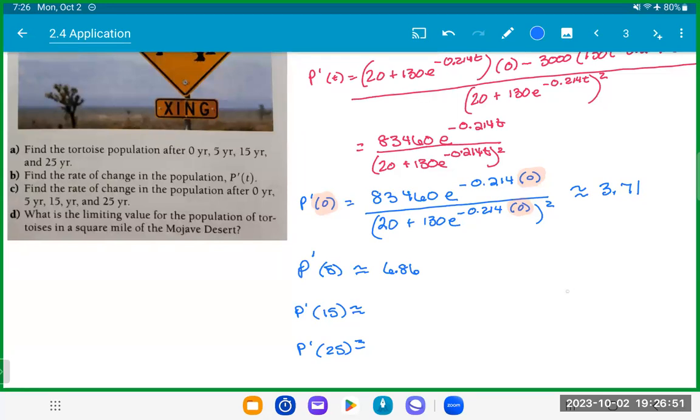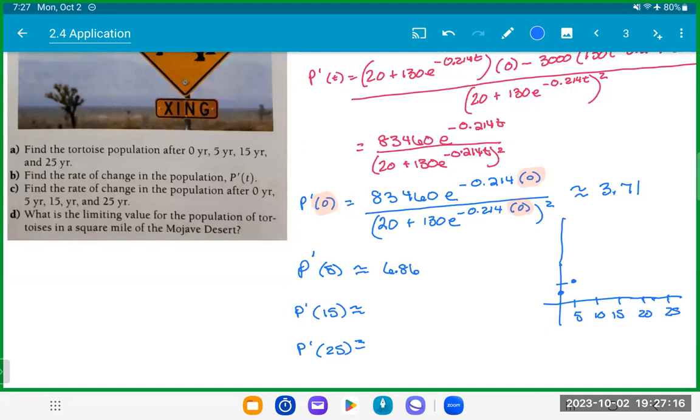So if you were to plot this, right? If I have 5 years, 10 years, 15 years, 20 years, 25 years, right? And I'm plotting the growth or whatever. I'm at 0, I was somewhere here around 3.7.